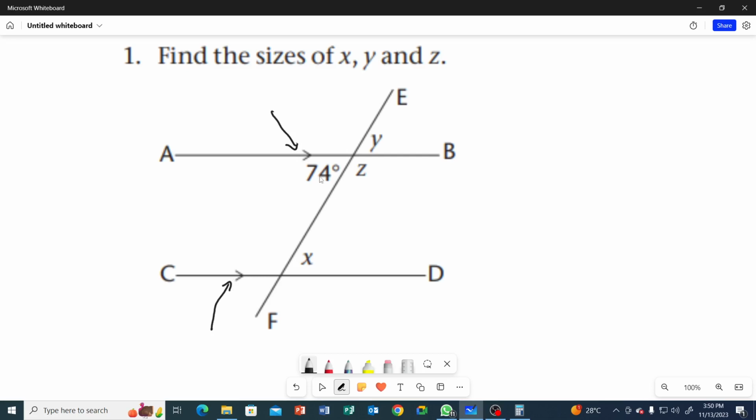Now, whenever you have parallel lines, there are certain angles that are equal. For example, angles that are making a Z like this.